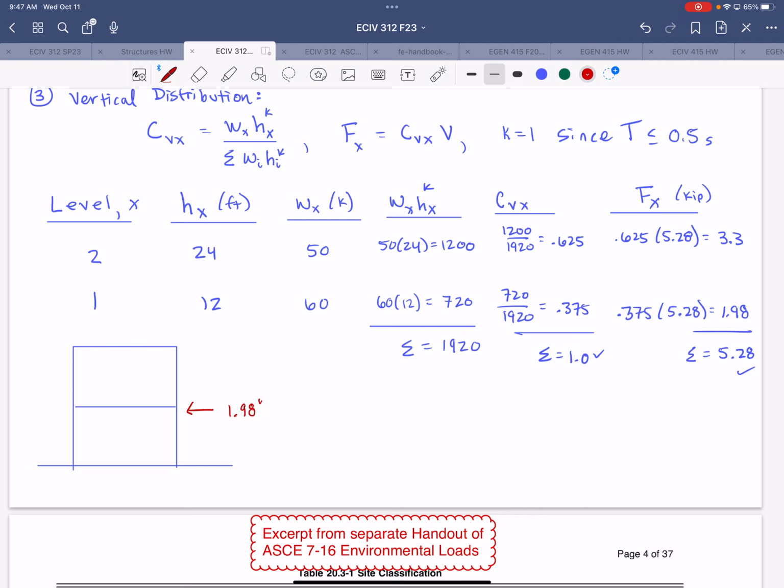So 1.98 kips at level 1, and then 3.3 kips applied at level 2. And the base shear should be equal to the summation of those equivalent lateral forces. Okay.